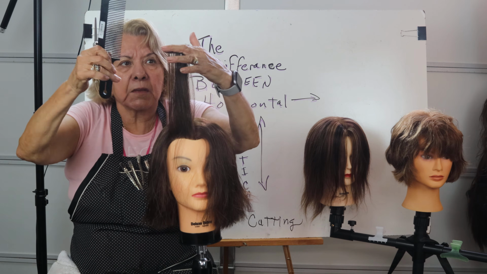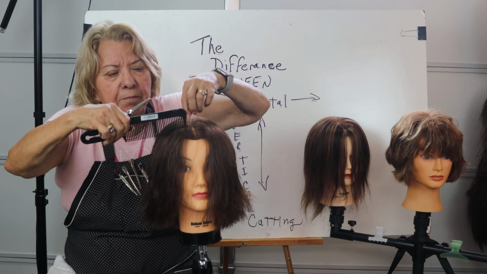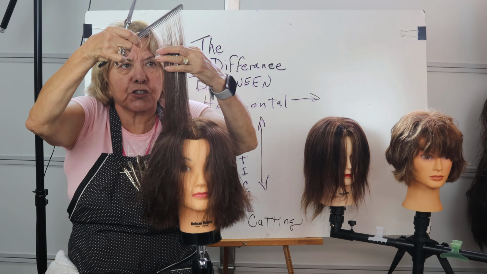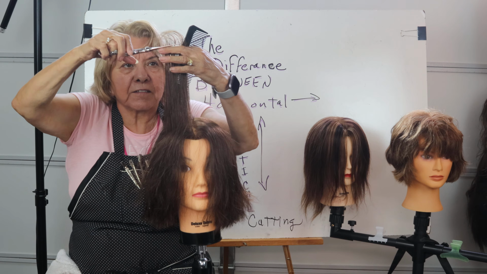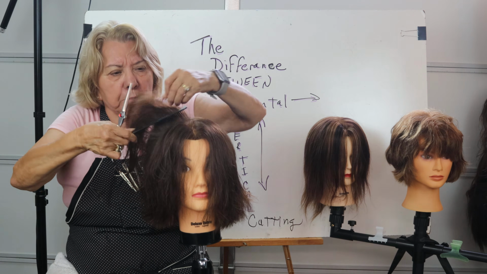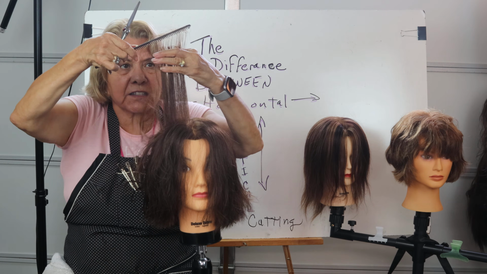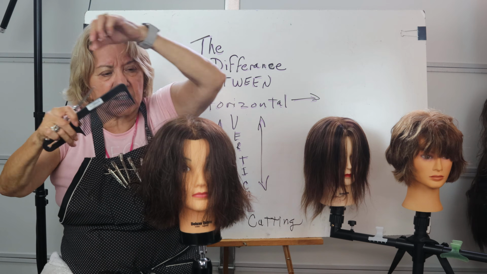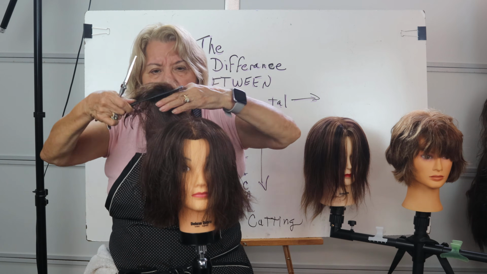Now this becomes my guide for the next one. And then again, if you can't see your guide, don't cut. You've got too much hair. I'm traveling back to the vertex. So that's slightly above the parietal line.